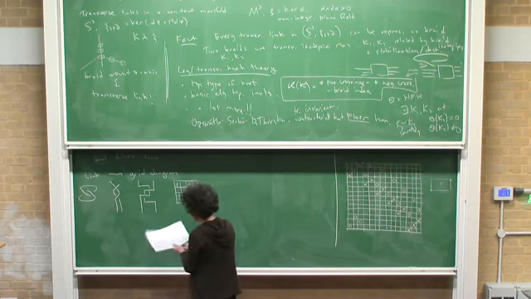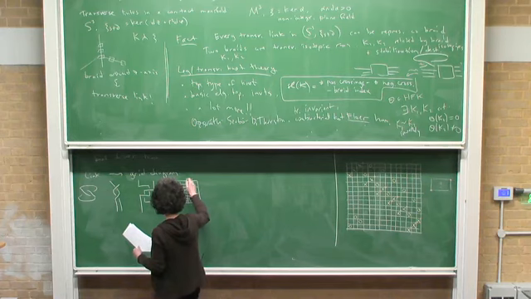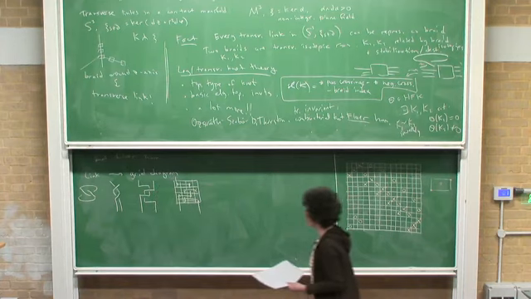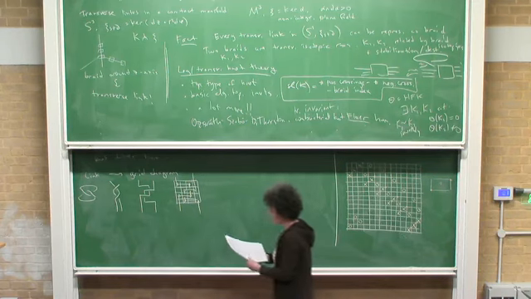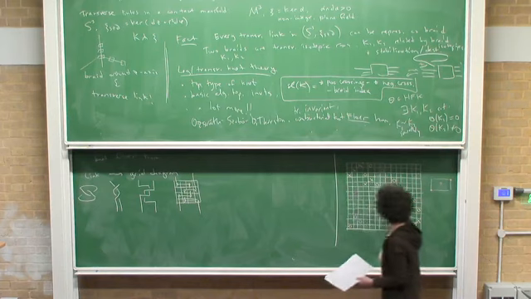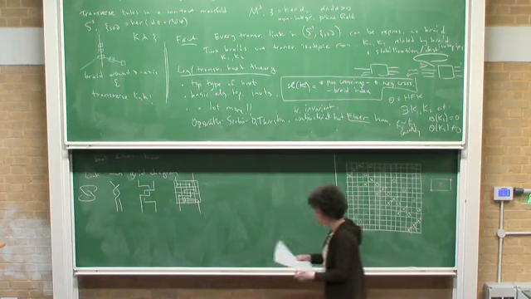So how does this encode my knot? Well, I got the link that I started with, the braid that I started with. More generally, if you're given a picture like this, how do you go from a diagram to a knot?